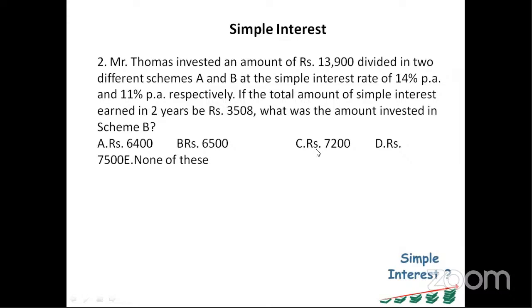Observe the question carefully. So basically he has invested in two different places, which means his total principal has been divided into two parts. Okay, so let us go step by step.